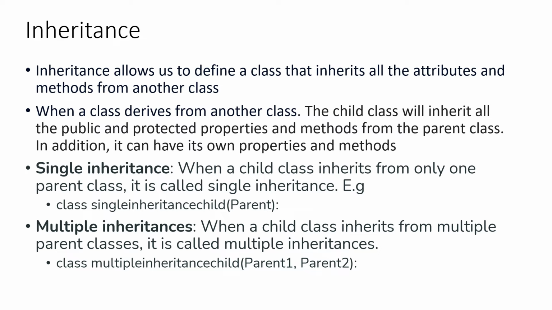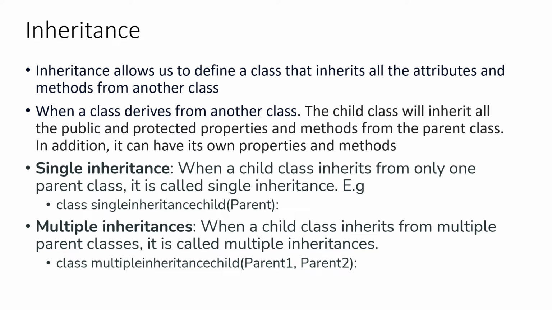So what is inheritance? Inheritance allows us to define a class that inherits all the attributes and methods from another class. You have class A. Now you want to create class B, but you want all the attributes and methods in class A to be part of class B. That can be done automatically using inheritance.